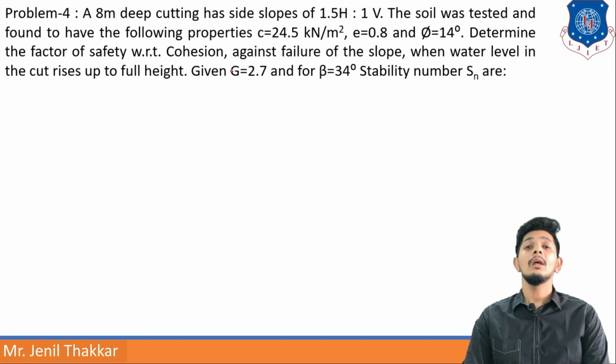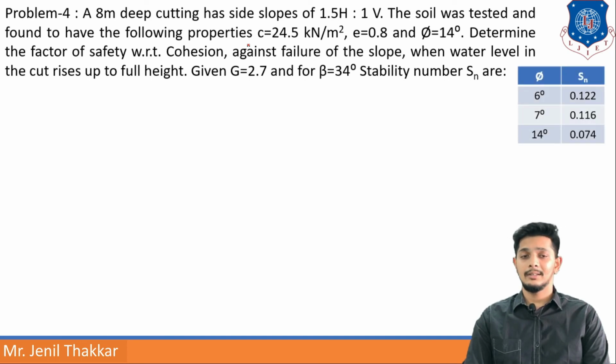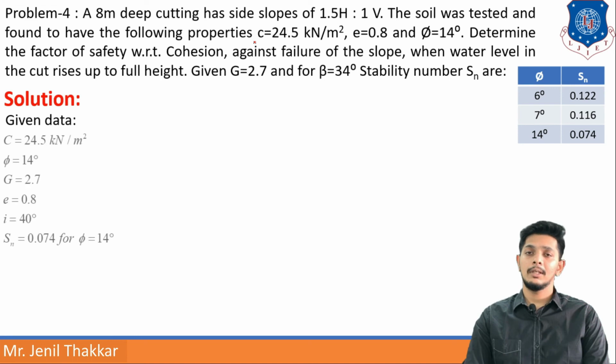G is given as 2.7, beta 34 degrees, and the stability numbers are like this. For phi of 6 degrees Sn is provided, for 7 degrees Sn is provided, and for 14 degrees again the stability number is provided.